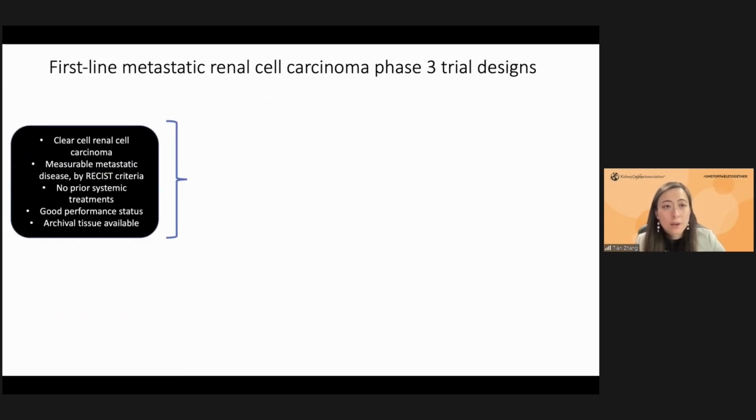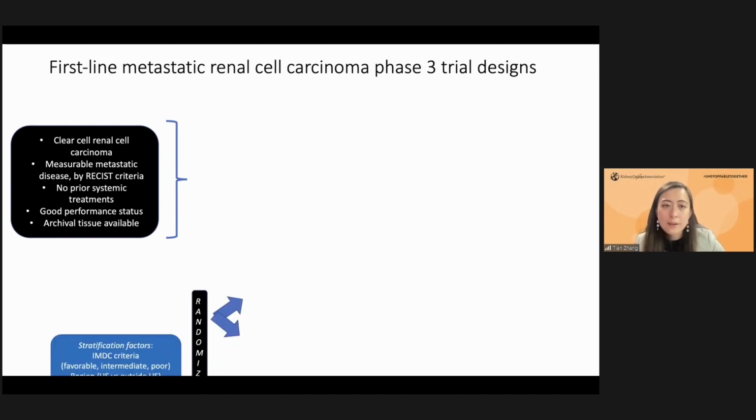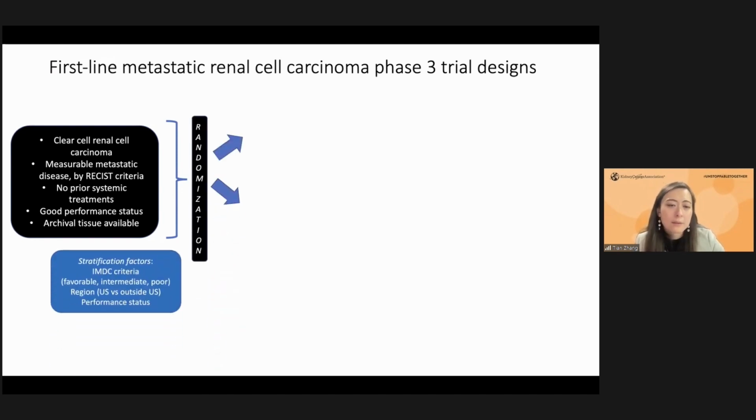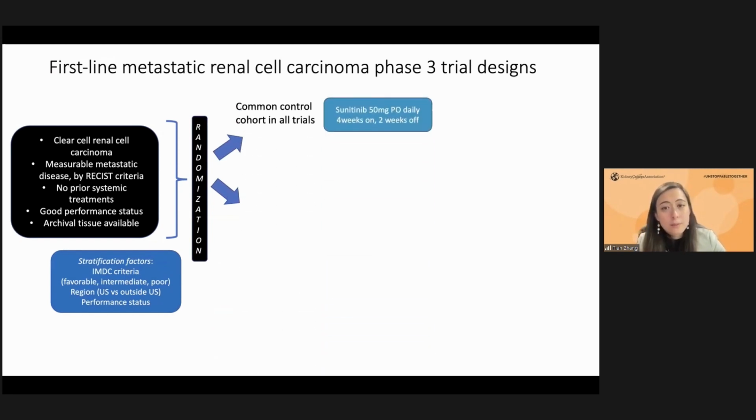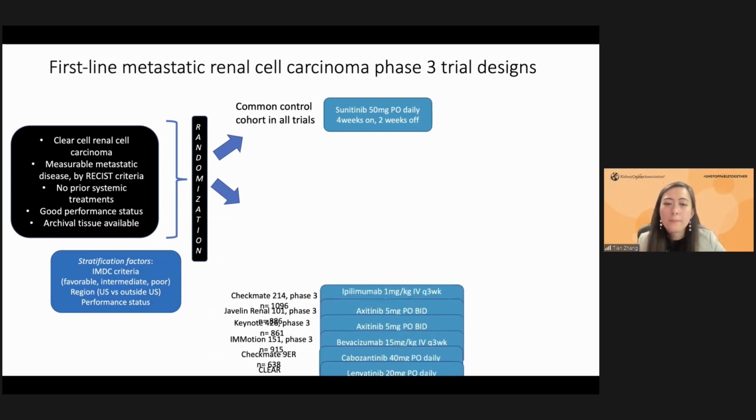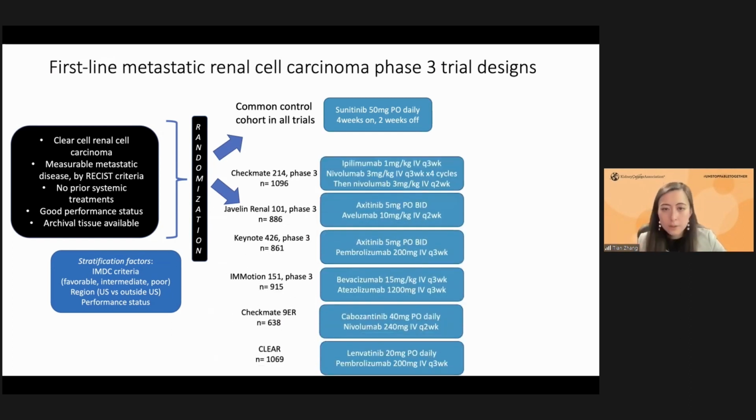And so many of these trials enrolled patients who had metastatic clear cell kidney cancer, no prior treatments, and a good performance status. These patients were all randomized to either sunitinib, which was our common standard for treating patients in this metastatic setting, blocking blood vessel formation, versus a host of immune treatment combinations.